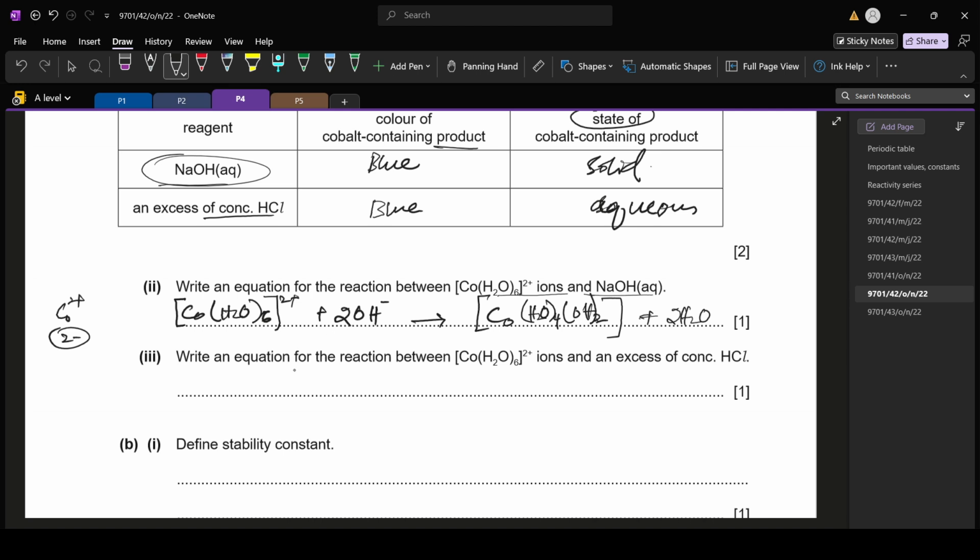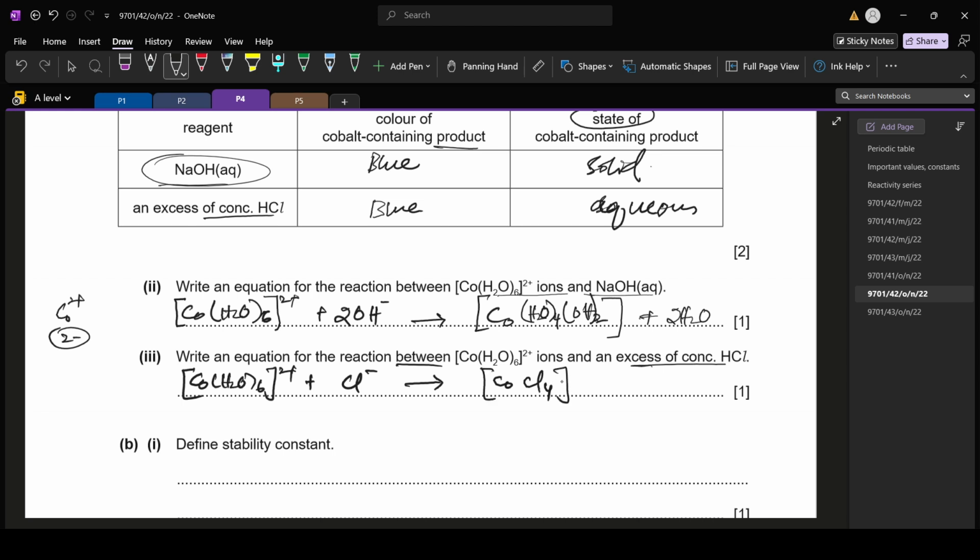Now write an equation for the reaction between cobalt and an excess of HCl, concentrated HCl. So when this complex of cobalt reacts with chloride ions, it forms CoCl4.